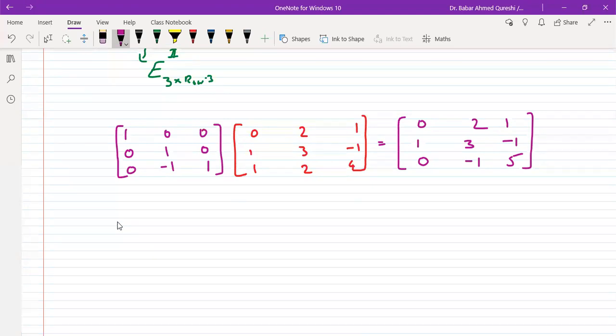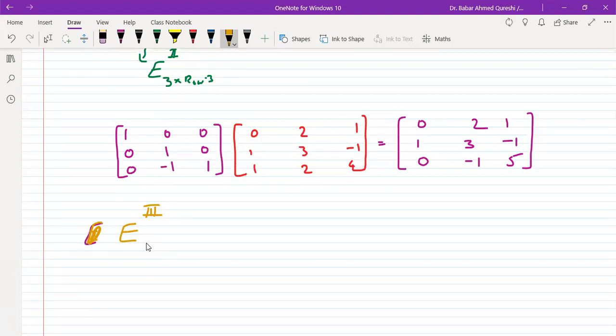So what's the rule? This is the elementary matrix of the third type.